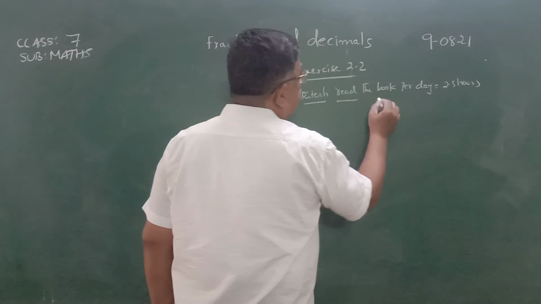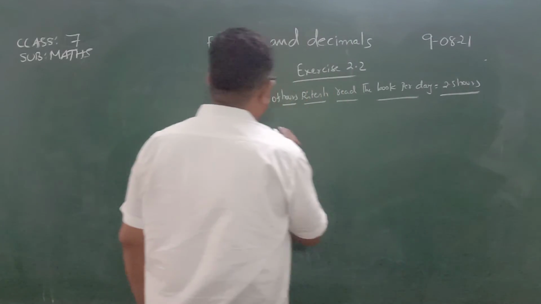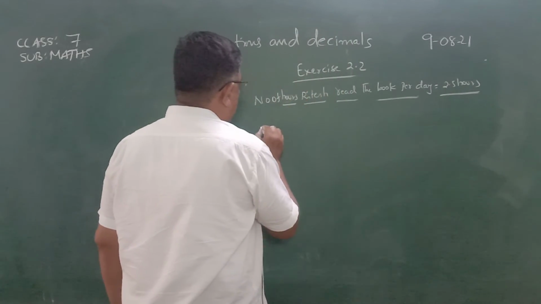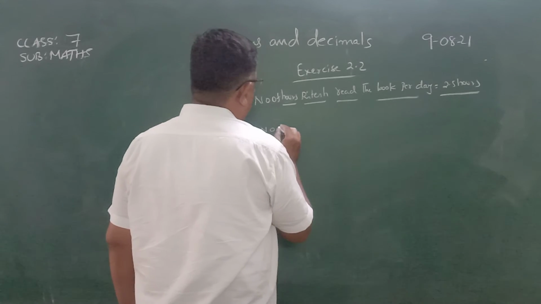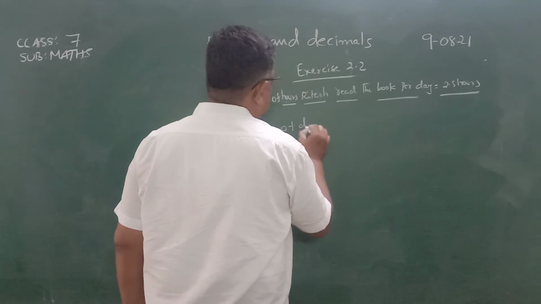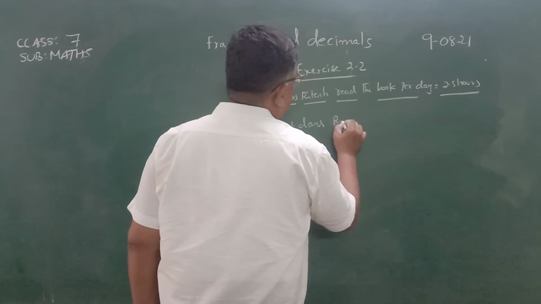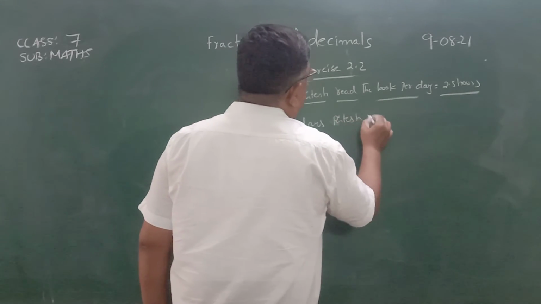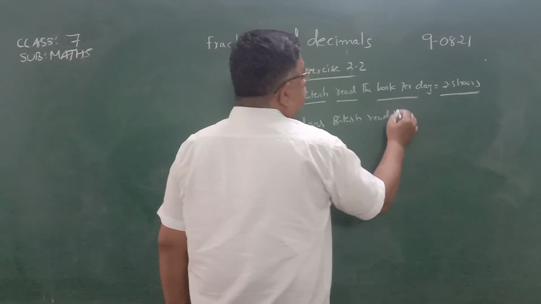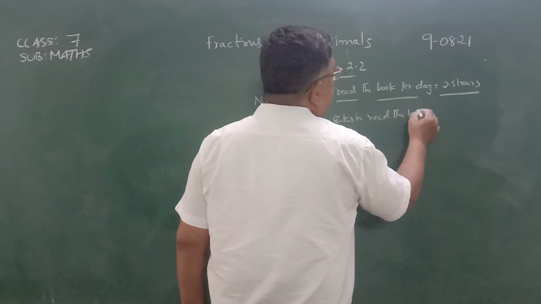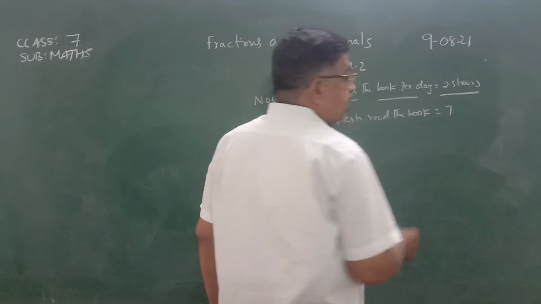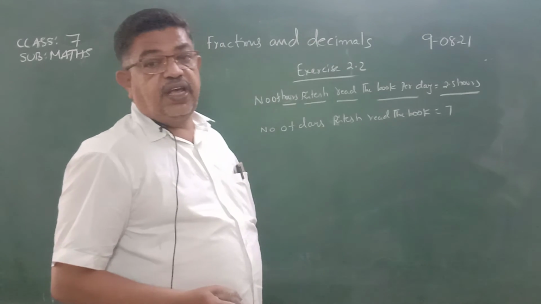Ritesh is reading the book per day 2.5 hours. Number of days Ritesh reads the book is equal to 7. That means he completed the book in 1 week.